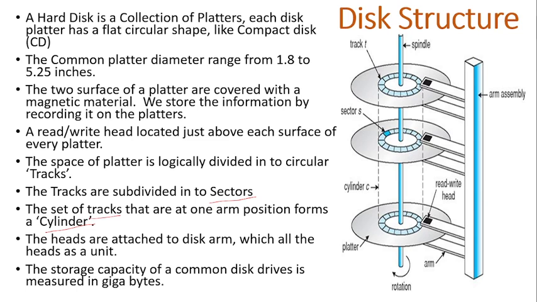Each disk platter has a flat circular shape, and the disk will be of diameter 1.8 to 5.25 inches, whereas on these disks there will be circular tracks. The circular tracks are subdivided into sectors, and on the sectors you will find the blocks. On blocks the data will be stored. The storage capacity of a common disk drive is measured in gigabytes. So this is all about the disk structure.